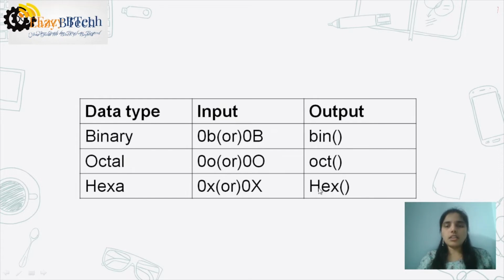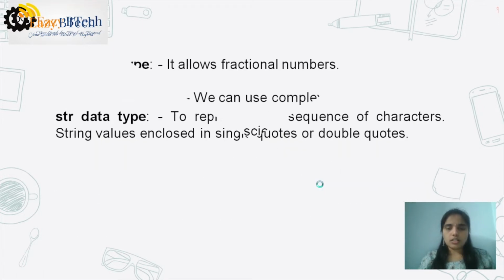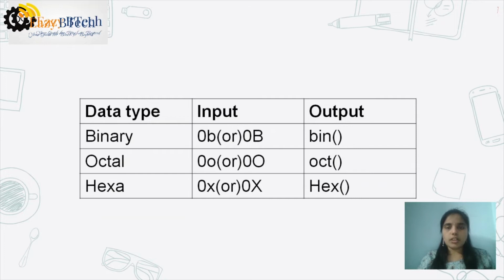Output is hex of. bin is a predefined function, small letters. oct is also a predefined function, small letters. hex is also a predefined function. You have to write hex in small case.